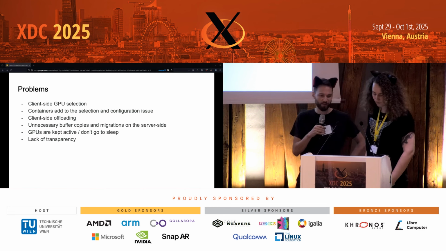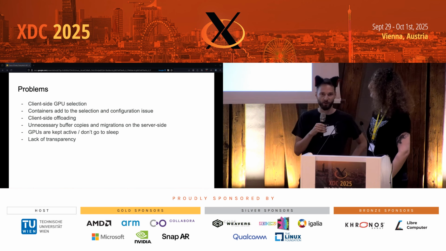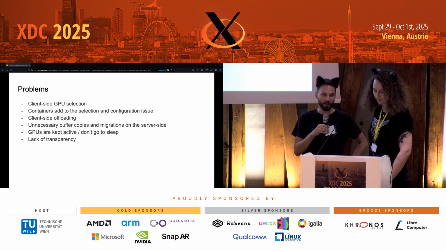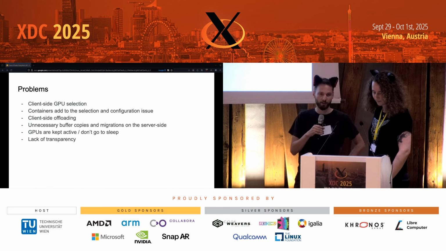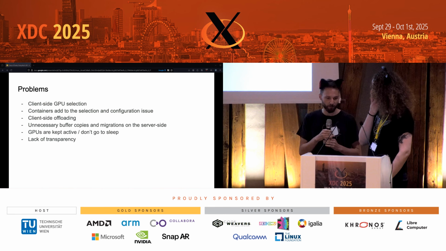That brings us to the next point: there isn't really a good way to see what's going on in the system. There might be a lot of applications using one GPU or the other, and in general you don't know which one it is. So it would be nice if there was some way to actually see which GPU is currently active or keeping something active.